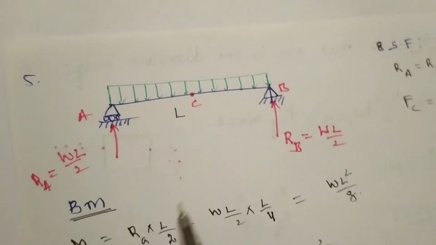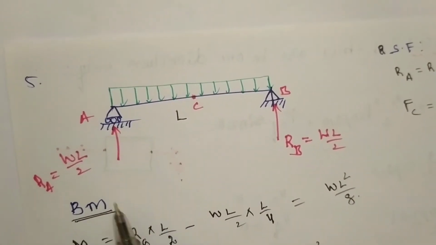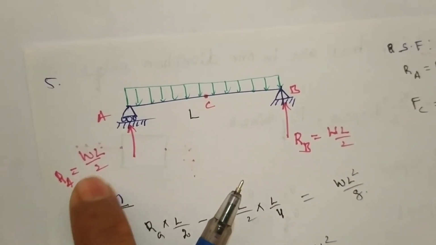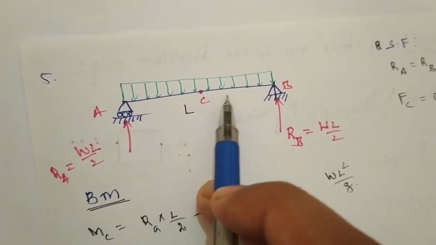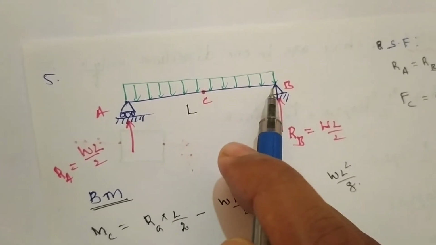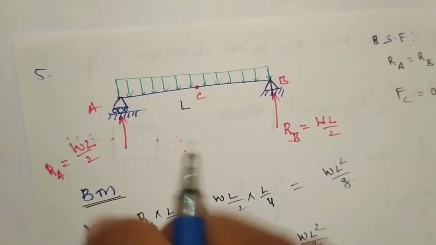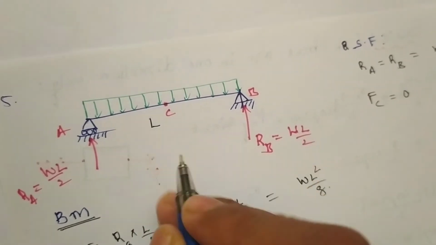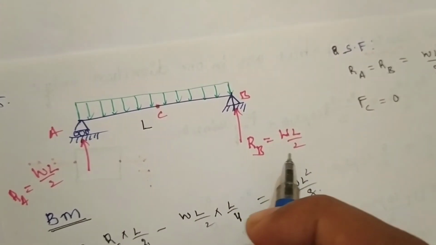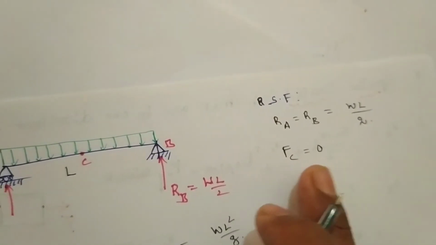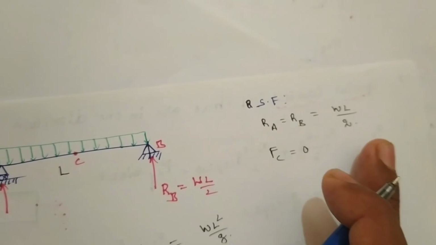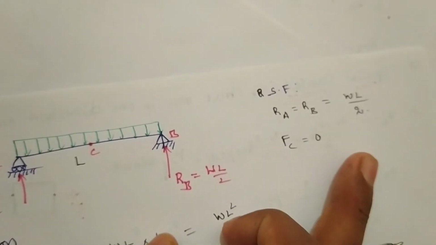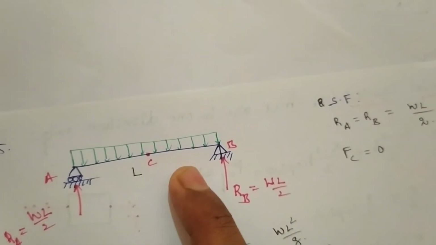Reactions at A and B: reaction at A equals load into opposite distance divided by total length, and likewise for RB. Because the diagram is symmetric, RA and RB are each WL by 2. Shear force at point C equals 0.